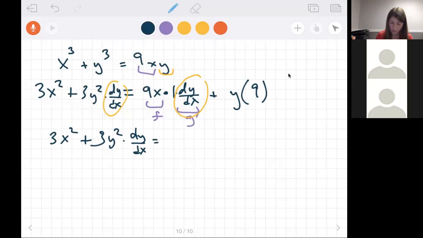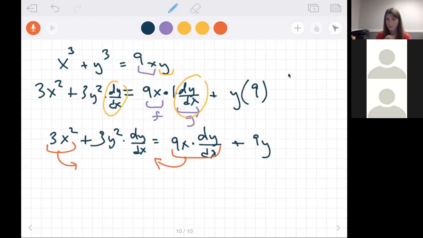Okay, so there's my equals. You don't have to continue to write the multiplication dot in between the 9x and the dy/dx, but it's helpful just so you don't forget that multiplication. So then what we're going to do is move this piece to the other side, 3x squared, get it moved over, and then we'll have 3y squared.